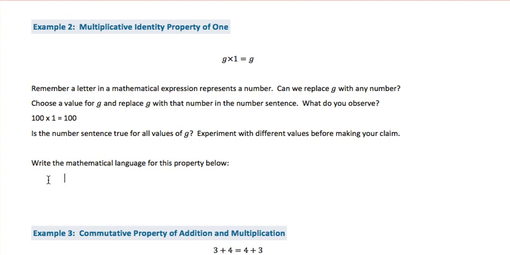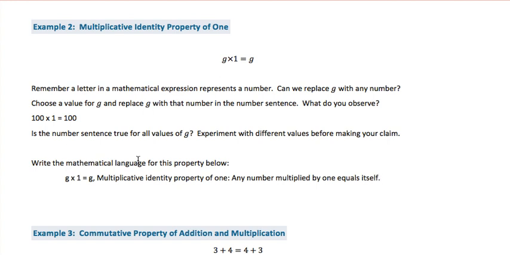And then the mathematical language for the property, which is G times 1 equals G. It is again called the multiplicative identity property of 1, which says that any number multiplied by 1 equals itself.